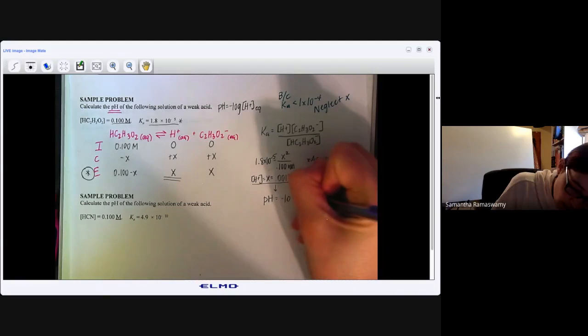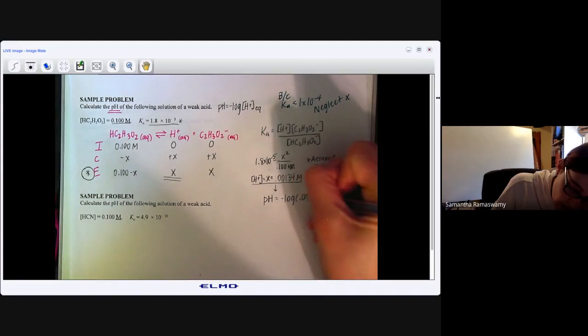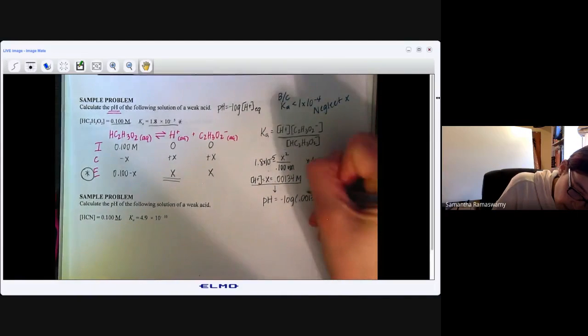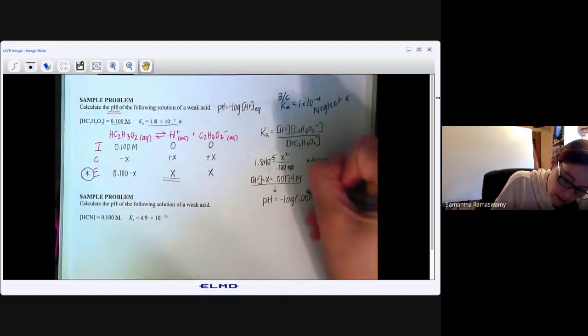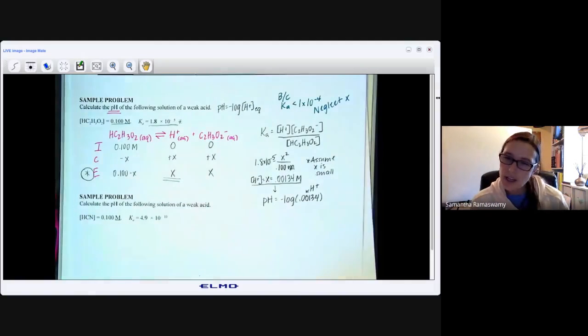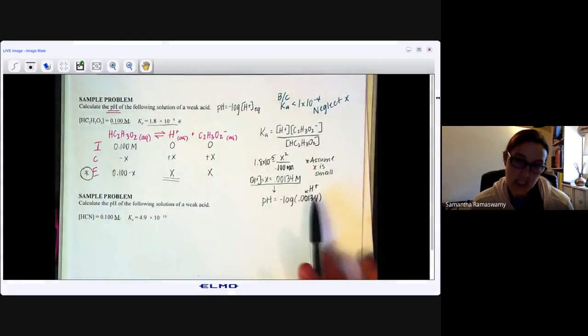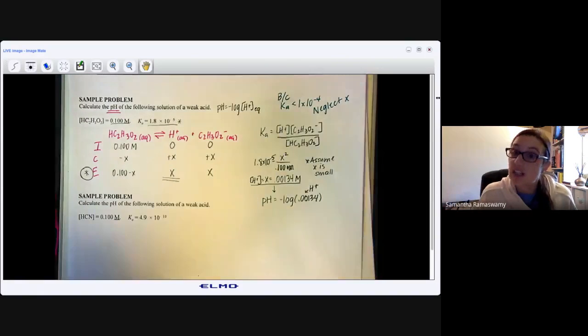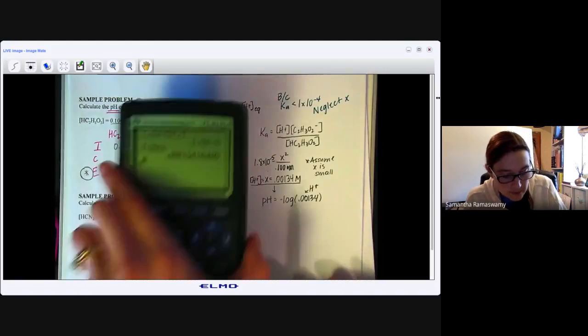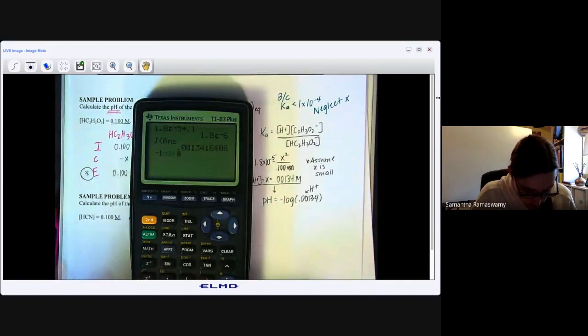The importance of H plus is so that we can find the pH. Negative log of 0.00134, which is H plus. I like labeling it like this because if I notice that it says pH equals negative log and I see an H plus, that tells me that this is actually pH. Negative log 0.00134.